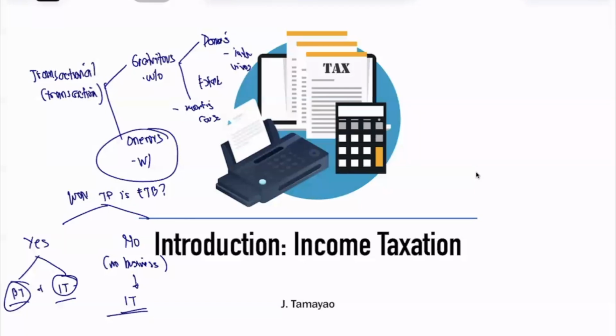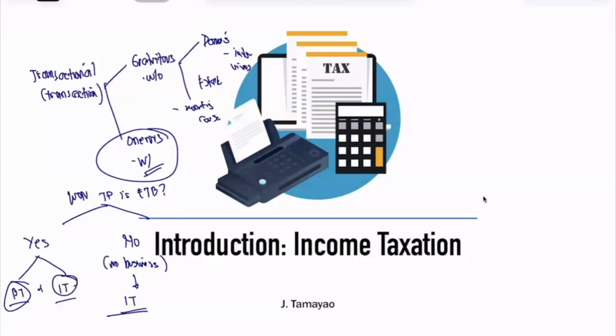Now, therefore, businesses or individuals can be subject to income tax as long as the transaction is onerous. Why is it important to determine that taxation really is transactional? If you look into exempt transactions, generally you don't exempt an entire business or an entire individual.